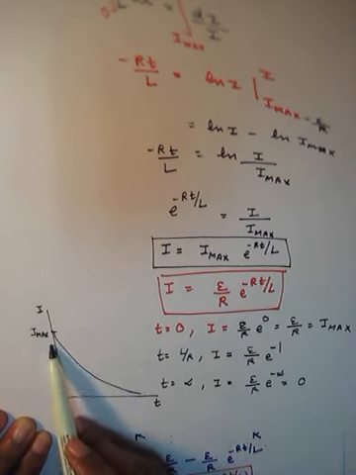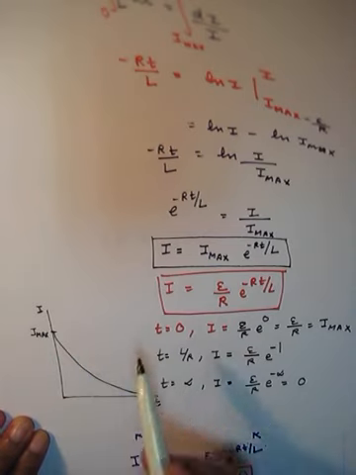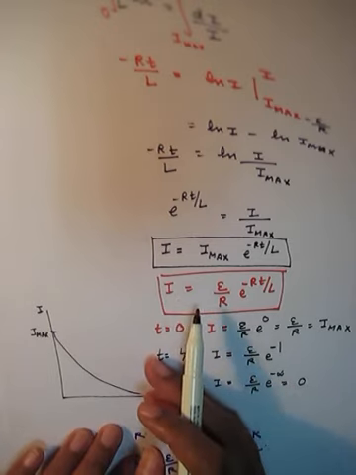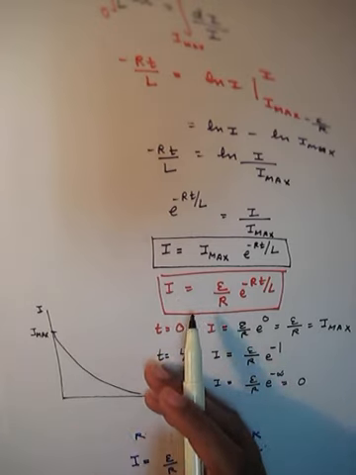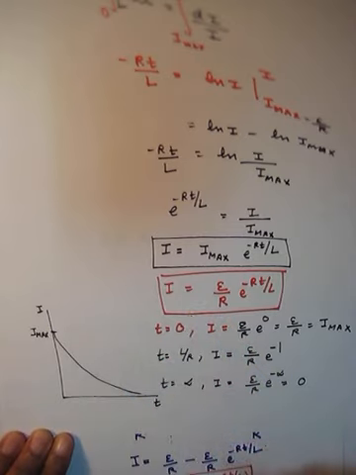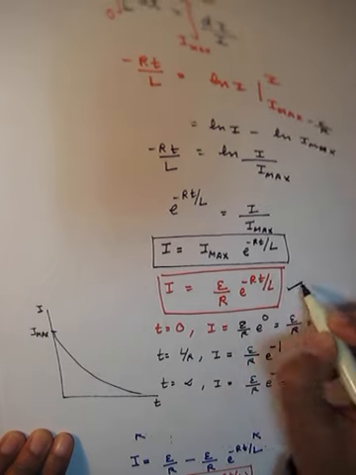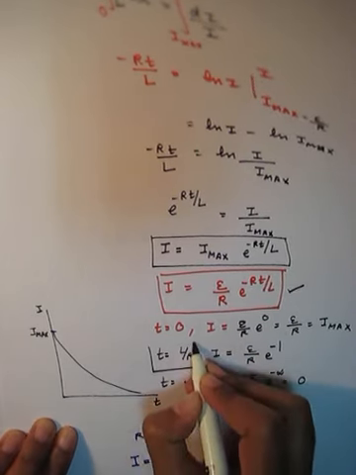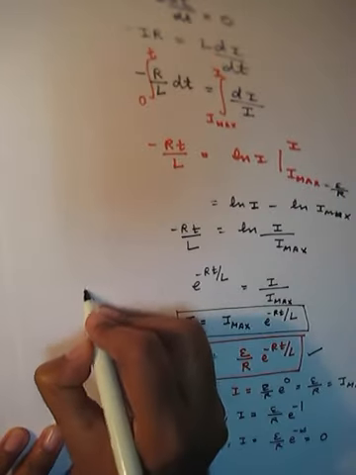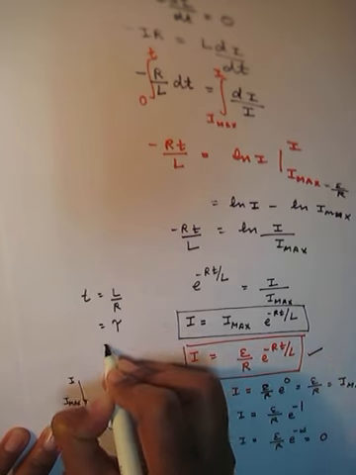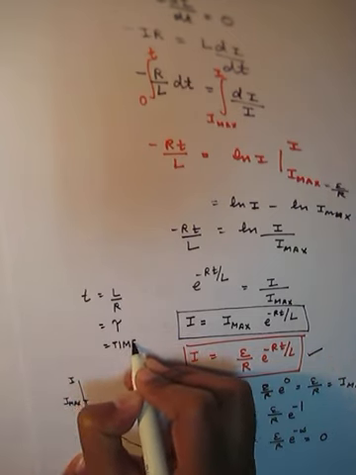So the current will decrease gradually, as in the inductor when the battery is removed from the circuit. This is how the current will behave. Now this time L upon R is called tau, or the time constant of a circuit.